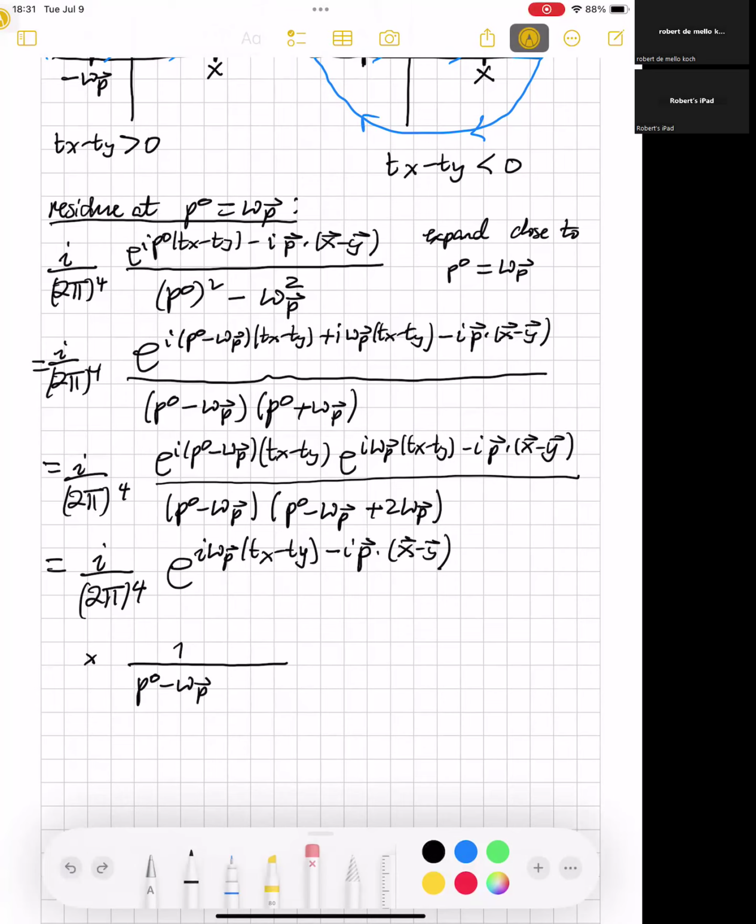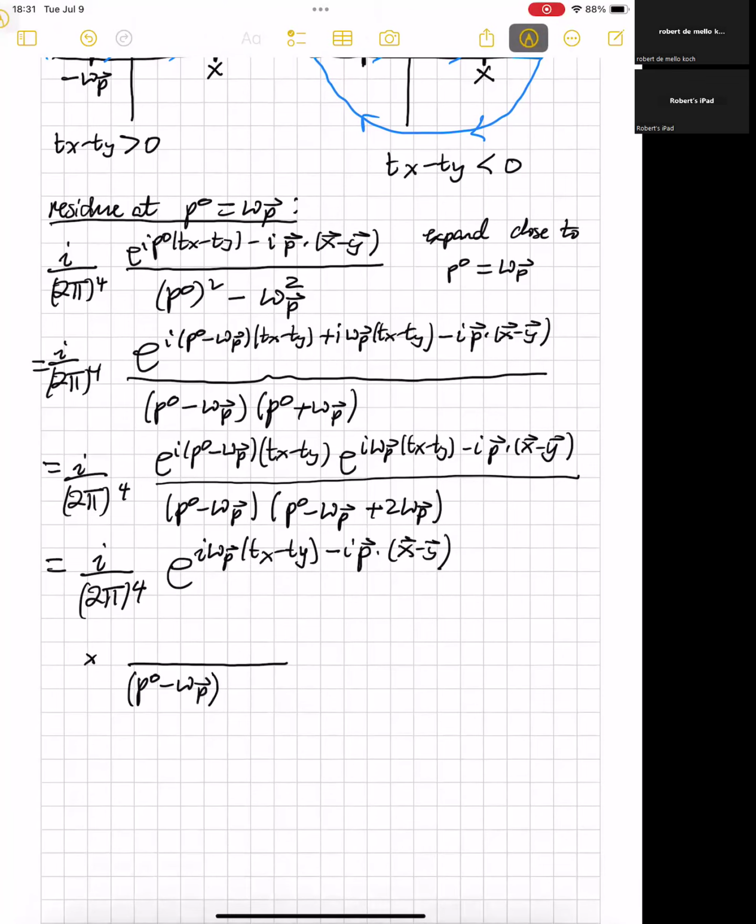Oh, let's do this. I want this bracket back. And now let's use the blue and write in e to the i (P naught minus omega P)(Tx minus Ty).